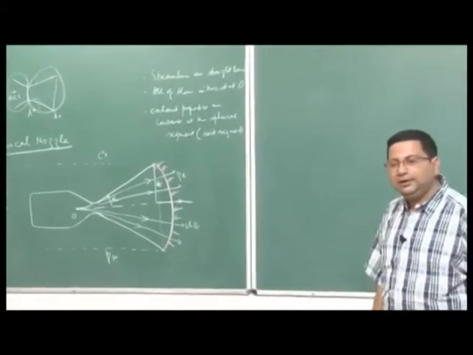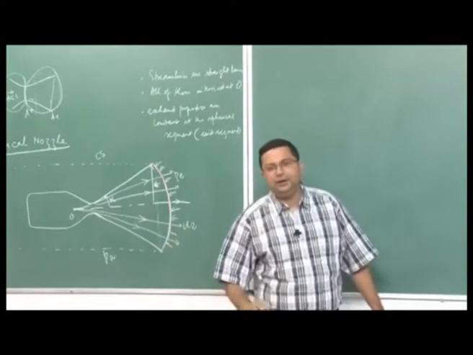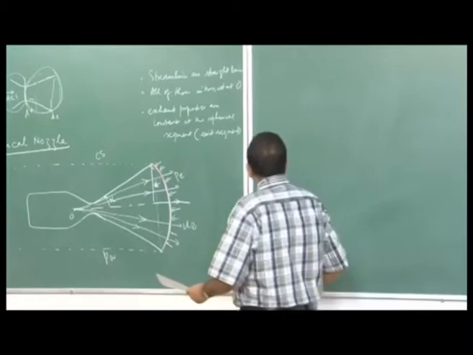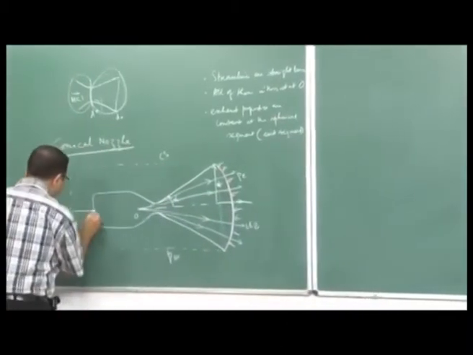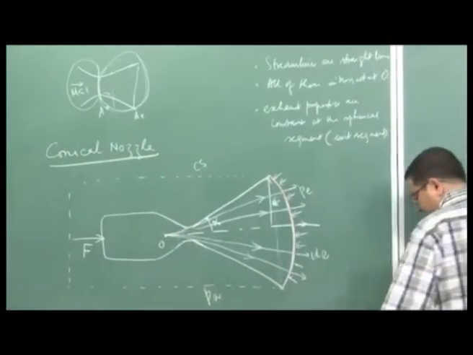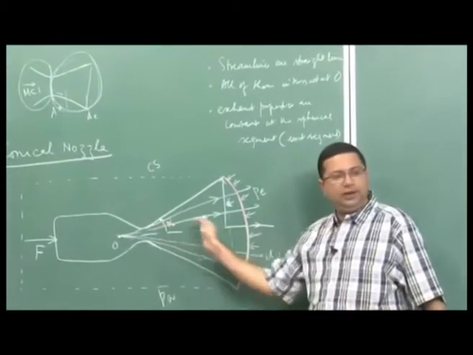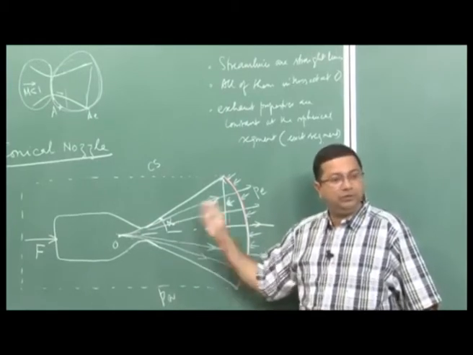Now we want to analyze this flow and estimate the thrust produced by this nozzle with a conical section. Let us say the thrust is F, the reaction force. The thrust essentially will be in the axial direction, so we look at the x momentum equation.